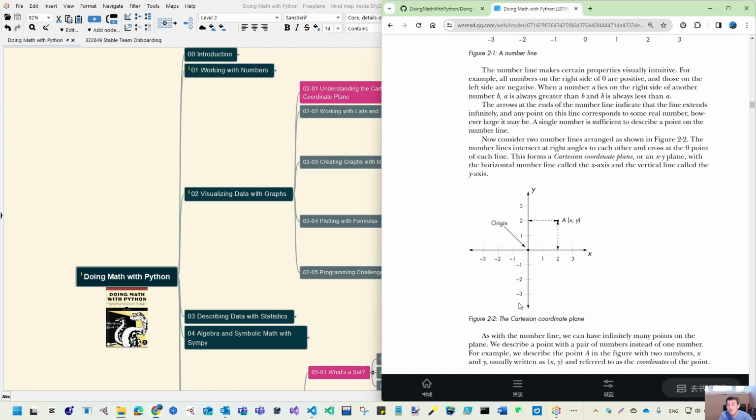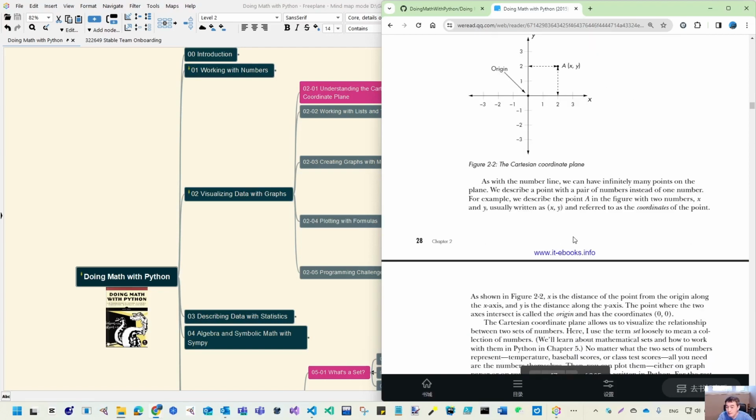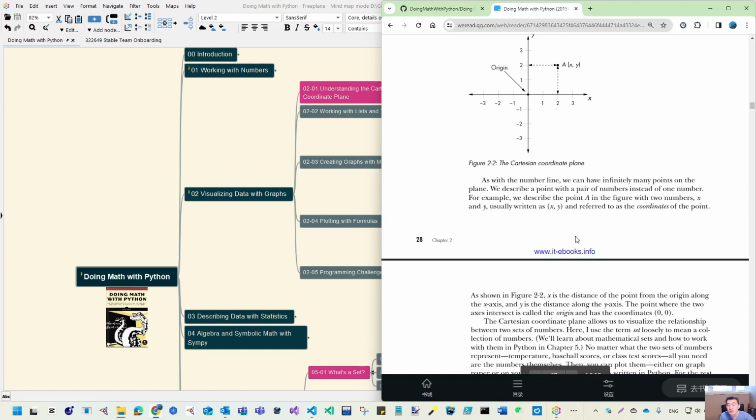For this two-dimension plane, compared to one dimension where you use one single number for the position, you now use a pair of numbers, x and y. Then you can uniquely point to one point within this Cartesian coordinate plane. Within this chapter 2, we stop at this two-dimension plane for now.